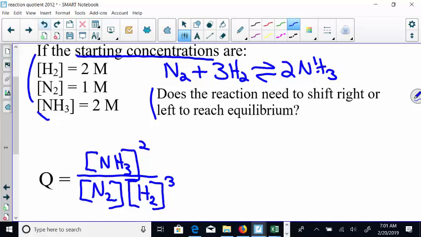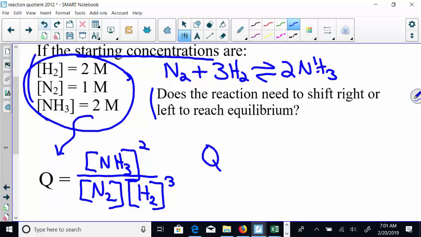In fact, all you really need to know is that now these are initial concentrations. So if you are ever using initial concentrations, that becomes reaction quotient. But you plug them in and do the math just as we've been doing for the past couple of days.